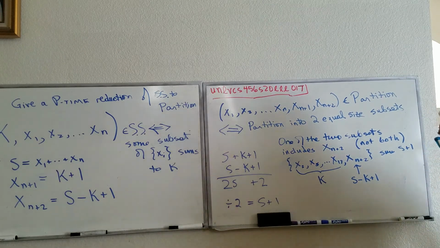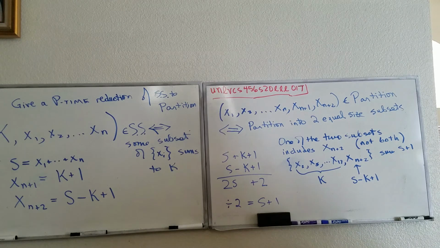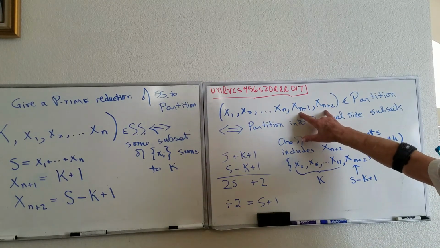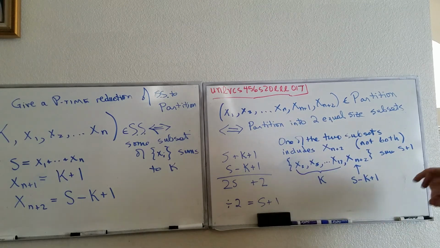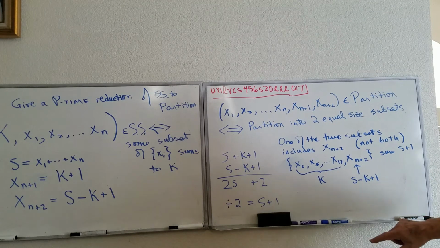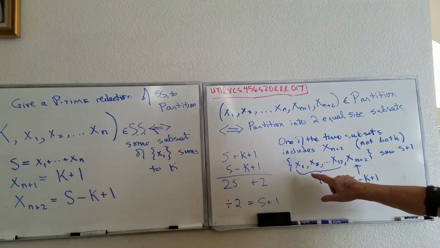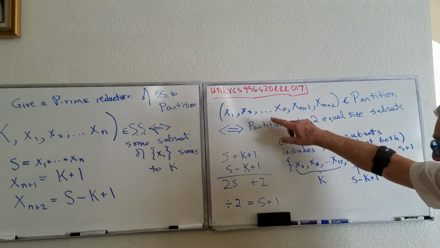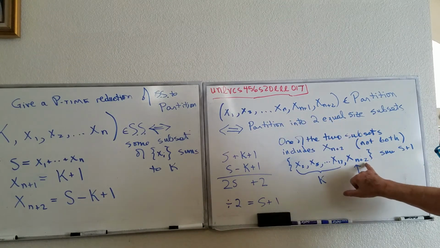Well, suppose we could do that. Then you can't have both of the new objects in either half, because together the two of them have total s plus 2, which is too big. So that means one of the two halves has to contain x_{n+2}, but not both. So suppose we have a subset of the original objects together with x_{n+2}.